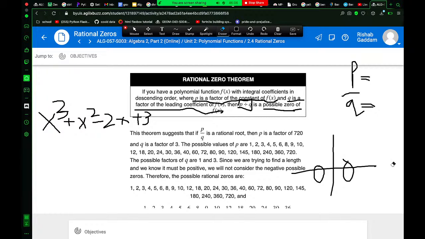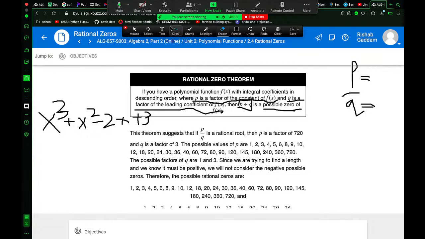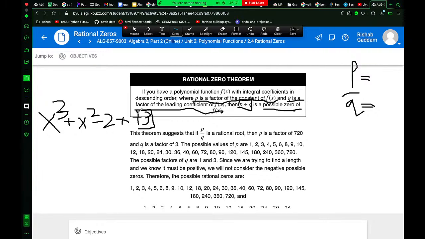So basically, it's saying that p is a factor of the constant of f of x. That means it's this number right here. Because this doesn't have a variable attached to it, this is called the constant. So this 3 is the constant of this equation, and the leading coefficient is this number right here because it's the first coefficient.